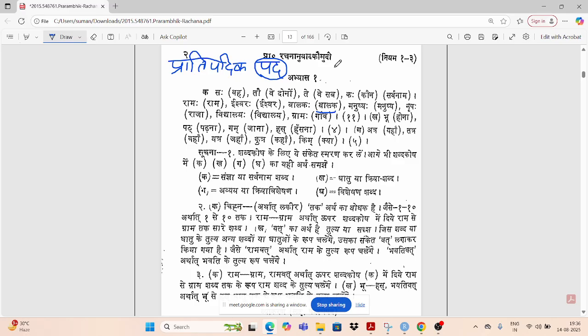Therefore, in Balakasya there is a sense of belonging, a sense of relation with Griham. We could have said Griham Dilli Nagare Asti. Kasya Griham, whose home? Then we say Balakasya Griham. So this Balakasya, in conjunction with other words like Griham, Dilli Nagare Asti, is conveying a unified artha.